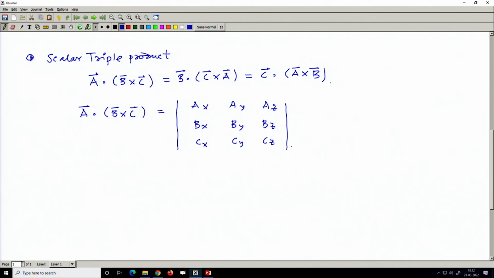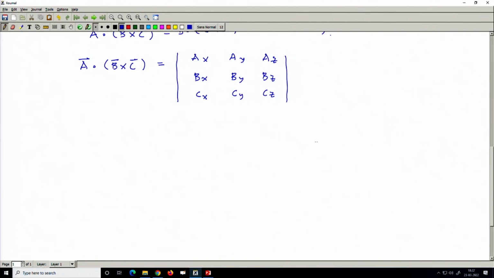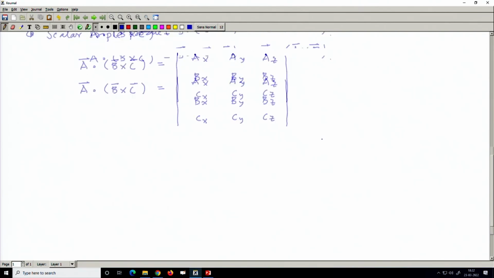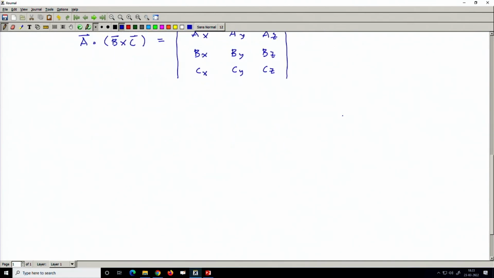That is by definition. Now, the next step is to understand, using the Levi-Civita symbol, how to prove that A dot B cross C is equal to B dot C cross A is equal to C dot A cross B.